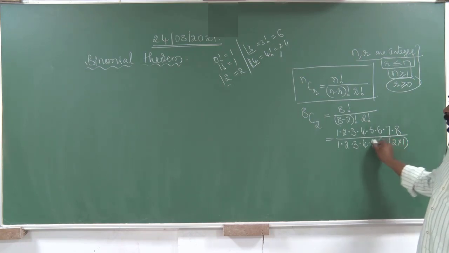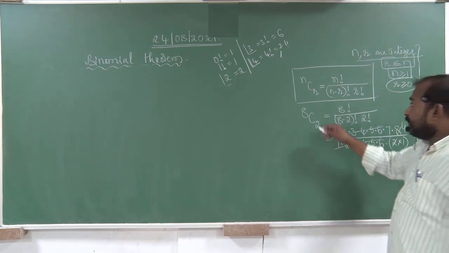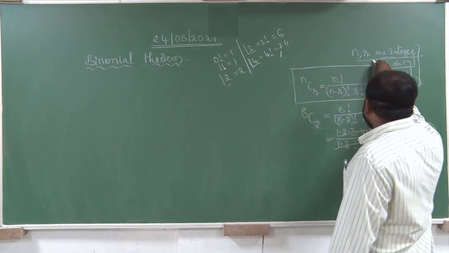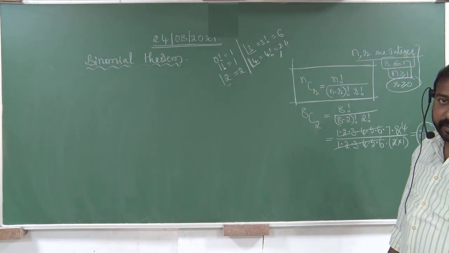So 6 factorial cancels, and 2 four times cancels, which is equal to 28. So this is the NCR formula. To calculate binomial coefficients, we will use the NCR formula also.